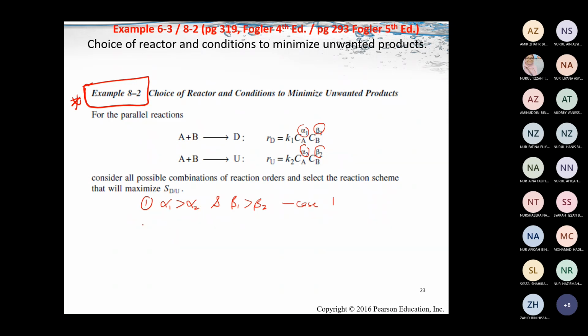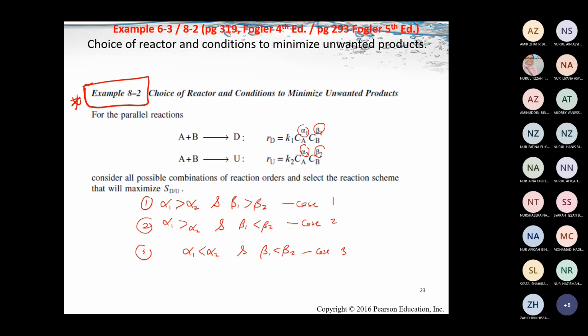And then we have a second one. Let's say alpha 1 is more than alpha 2 but beta 1 is less than beta 2. We define that as case number 2. And then number 3, alpha 1 less than alpha 2, and beta 1 is less than beta 2. We just assign that as case 3.